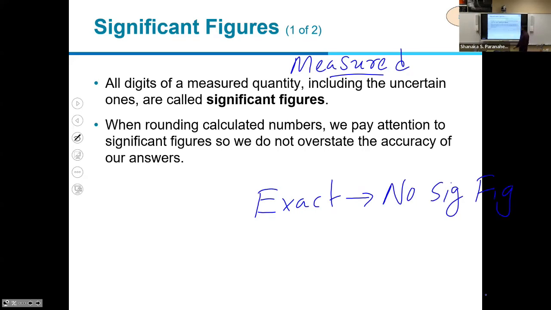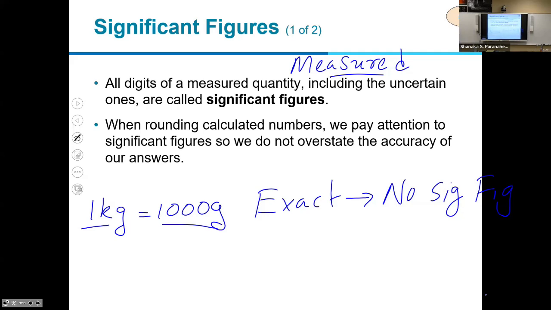As an example, when you see an equation equal to 1000 grams, these digits don't have any significant digits. So you're not going to count them, because those are definitions or exact values. When rounding calculated numbers, we pay attention to significant figures so we do not overstate the accuracy of our answers.